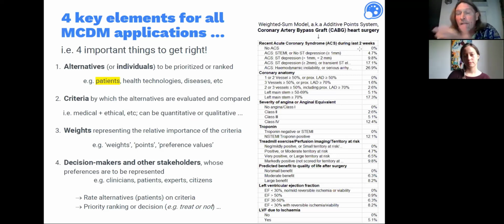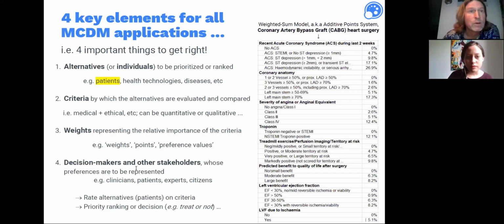Okay, so these numbers here are, as I say, from a published source. These are the weights, at least as far as I know until recently, that are used to prioritize patients for this operation in this country, in New Zealand. So we get the alternatives right, we think about the criteria, we figure out some weights to represent the relative importance, and then of course, last but not least, and probably should be top of my list, all of this is designed to represent the preferences or the expert knowledge of the decision makers, and depending on the application, the other stakeholders who might be relevant for this decision, perhaps the people that are affected by the decision or who are represented by the decision makers.